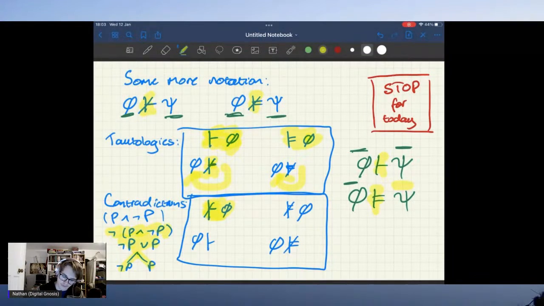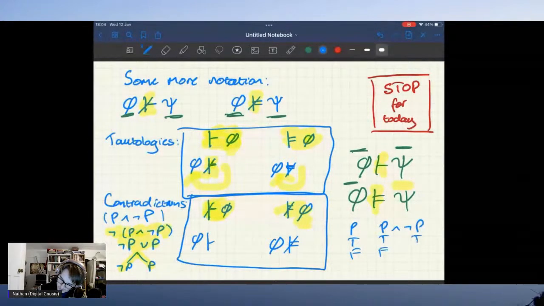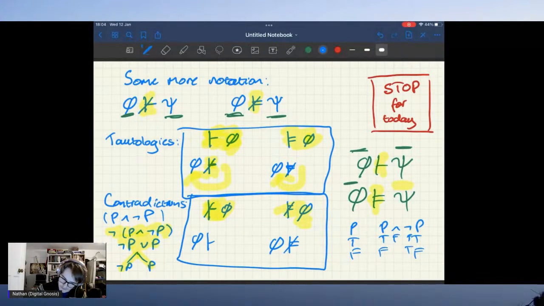It's always false. We could do the same for our truth tables, for our semantic definition. So we have P and not P, true, false. And then we have true, false, true, false. So the negation makes it false, true. Okay, so both of those come out false.